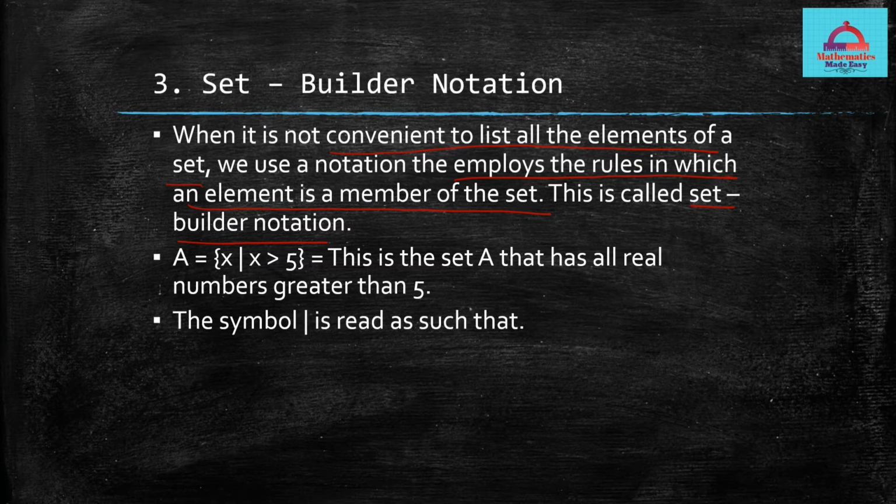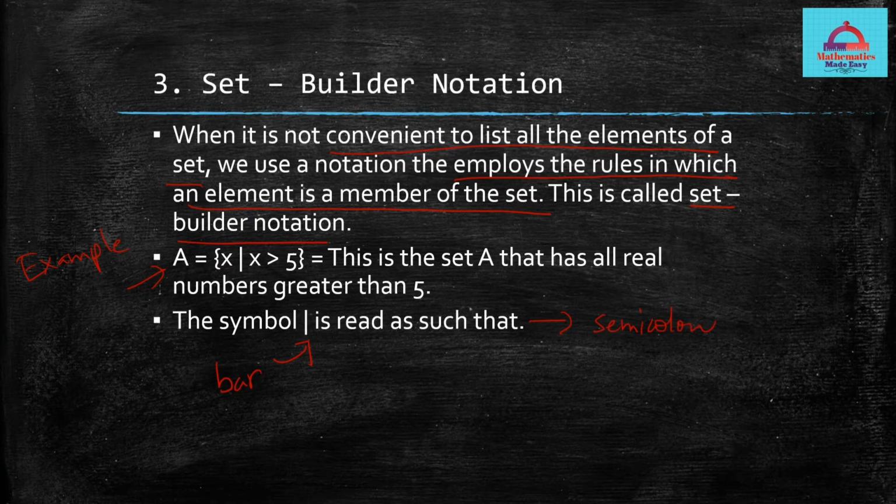Let's take an example. So set builder notation can be written in this form. This is an example of a set A, which is equal to, so we mention in the curly brackets, the general element X. Now this X is going to be a member of the set A such that X is greater than 5. So remember, this vertical bar that you have denotes your such that, or sometimes to denote such that you also use a semicolon in the set builder notation.